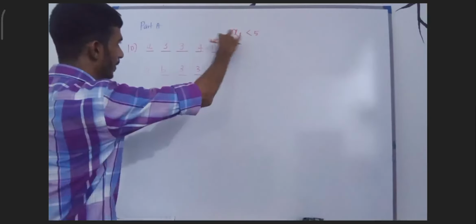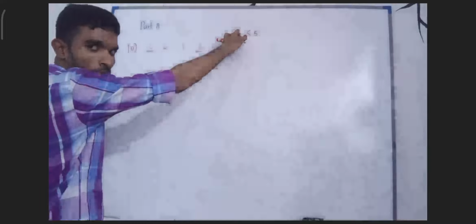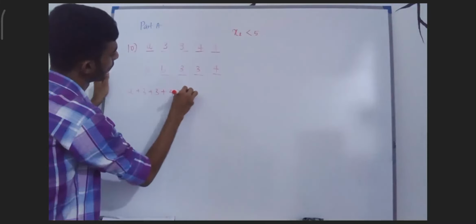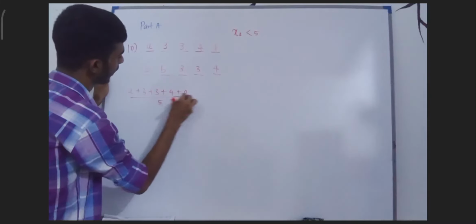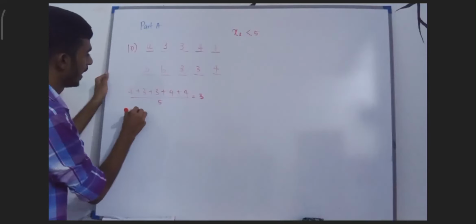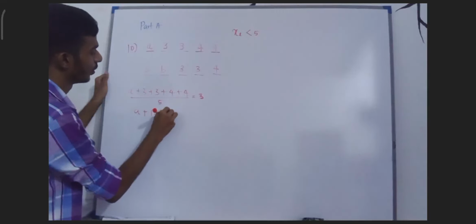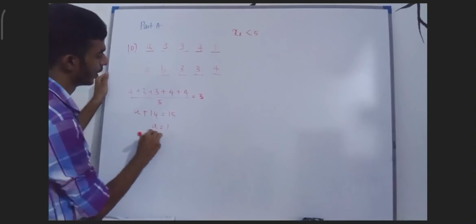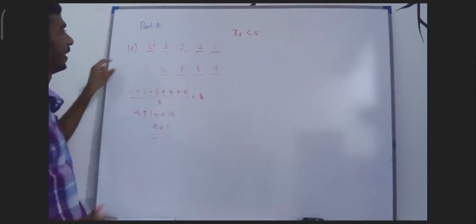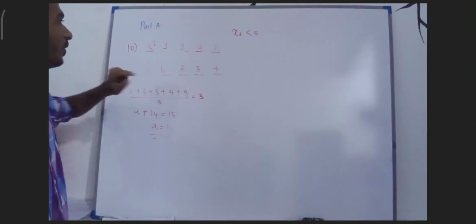If I take this data set, A plus 3 plus 3 plus 4 plus 4 divided by 5 is equal to 3. If I simplify this, A plus 14 is equal to 15, so A is equal to 1. So A can be 1. If I put 1 instead of A, the numbers are in ascending order. This can be possible. So we have found it.